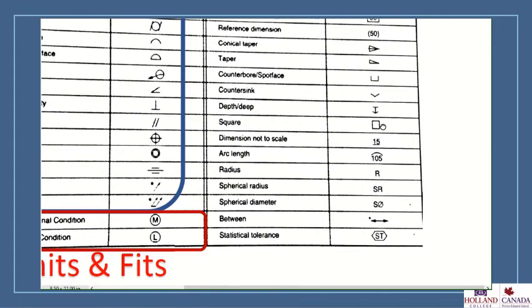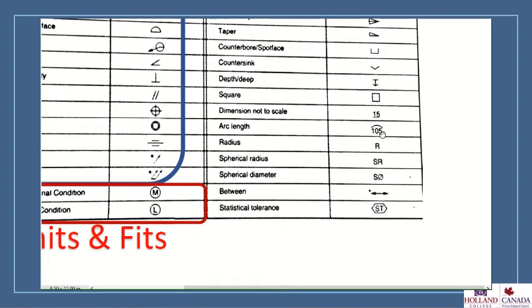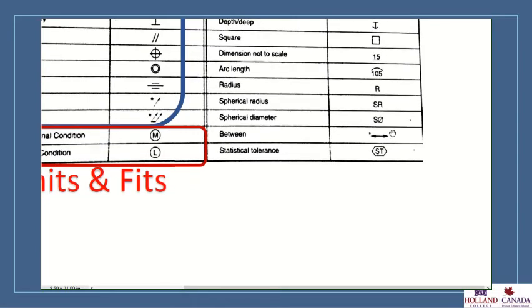Square, dimension not to scale. So if it's underlined, it'd be a dimension not to scale. You're not going to see that often. An arc radius, so it gives you the dimension with the arc shown above it. Radius, spherical diameter. Between, you might see this one the odd time, and statistical tolerance.